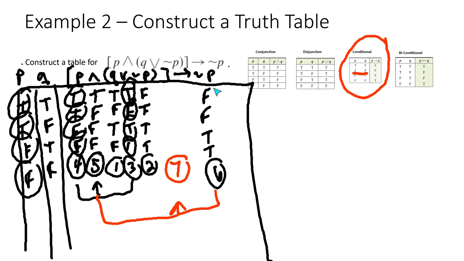We're looking at true with false. So when it's true false, we get a false. Then we have false and that's going to be true. Then we have false and true, that's still true. And then false and true is still true. So this is our final answer.